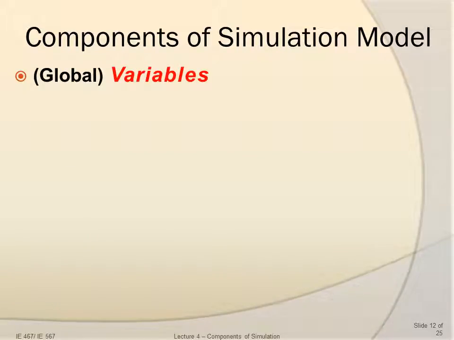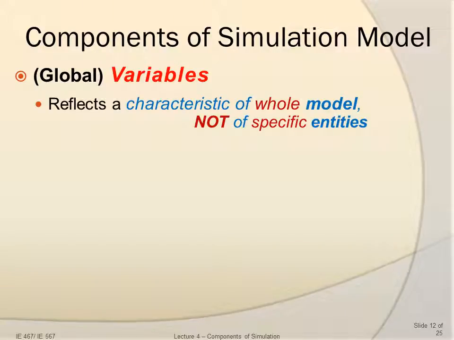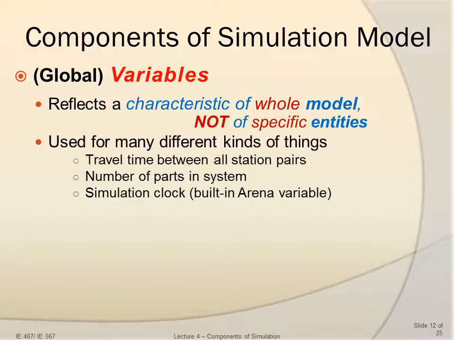So another component is global variables. It's very important not to confuse these local characteristics of entities that we just discussed in terms of attributes with variables. So variables are not attributes. They're global variables. They reflect a characteristic of a whole model, not of specific entities.